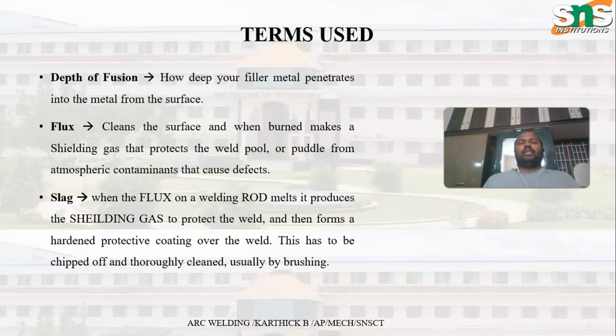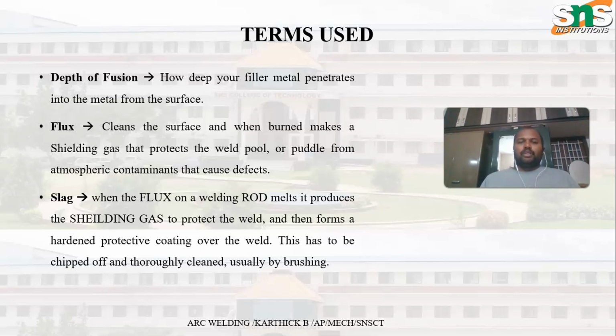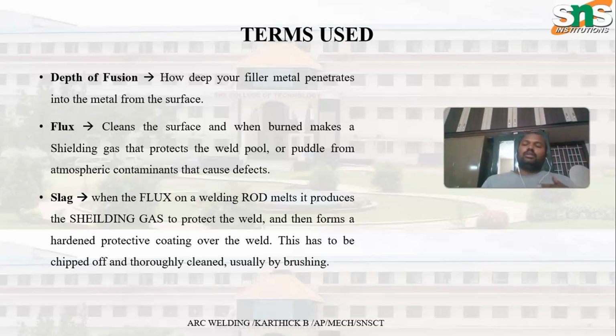The last but one is the flux. As I told in the previous video, some of the electrodes are coated with a cement-like structure, or cement-colored material, which is none other than the flux.